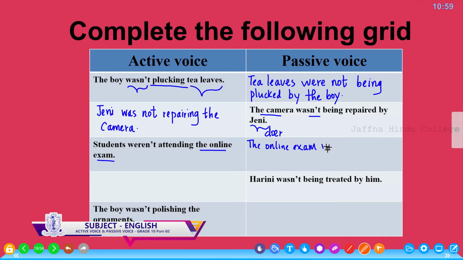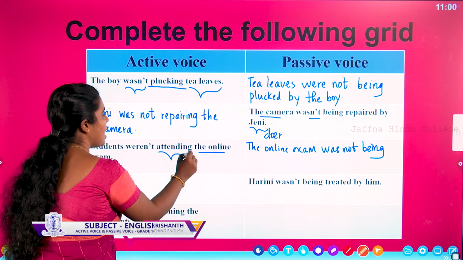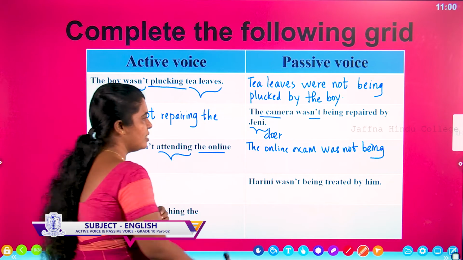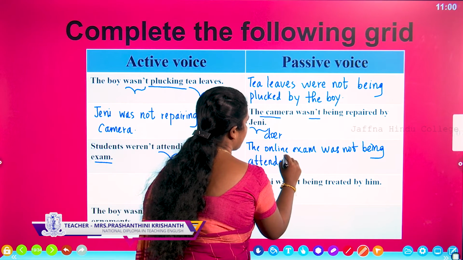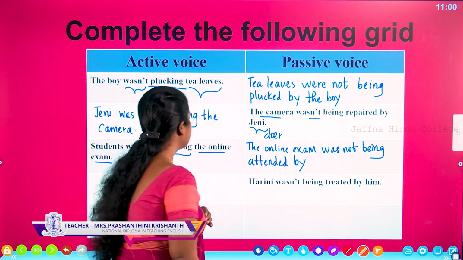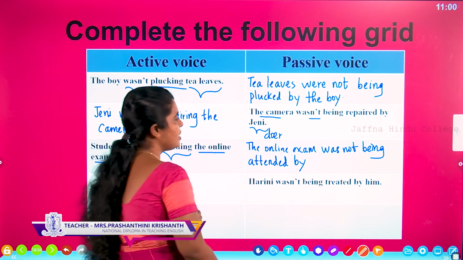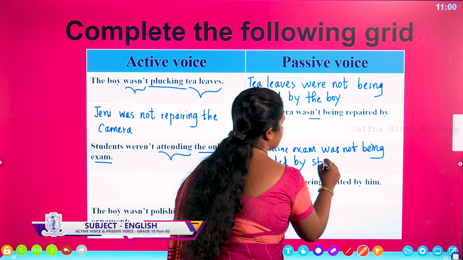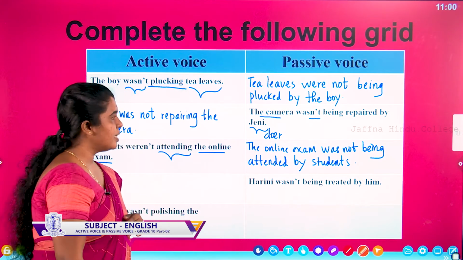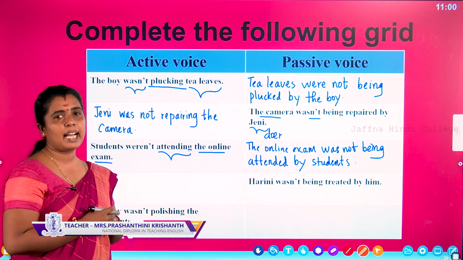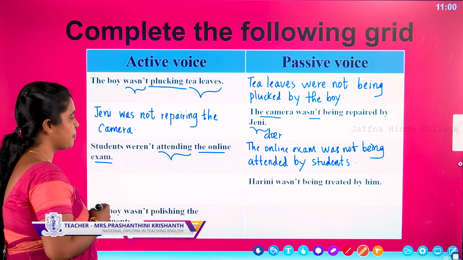The online exam was not being. What is the verb? Past participle of the verb. Attend, attended. Attended by the students, right? By students. Okay, the online exam wasn't being attended by students.